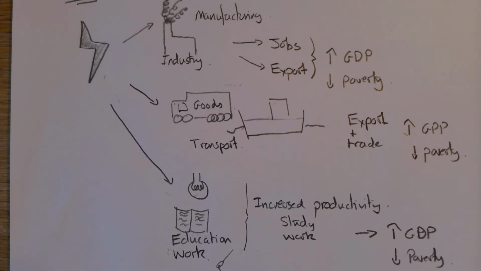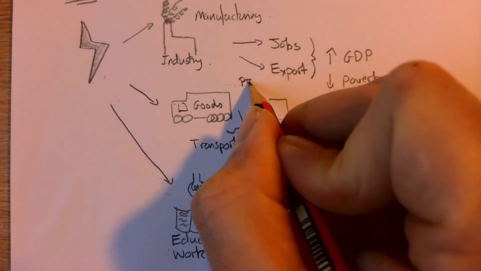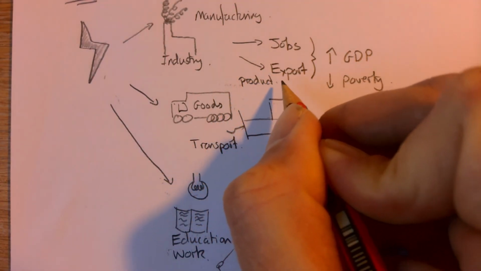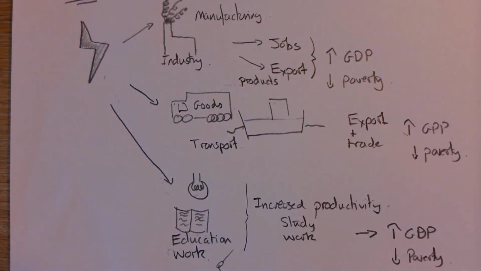Good, because it provides jobs and also it provides products, manufactured products for export. And what impact does that have on the economy? Good, yes, it increases the economy, it increases gross domestic product and reduces poverty.